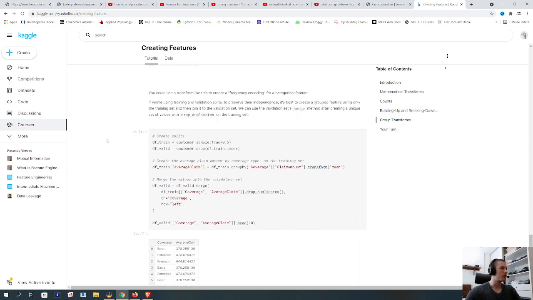You could use a transform like this to create a frequency encoding for a categorical feature. If you're using training and validation splits, to preserve their independence, it's best to create a grouped feature using only the training set and then join it to the validation set. Use the validation set's merge method after creating a unique set of values with drop duplicates on the training set.